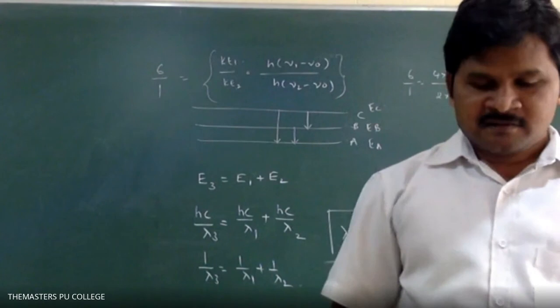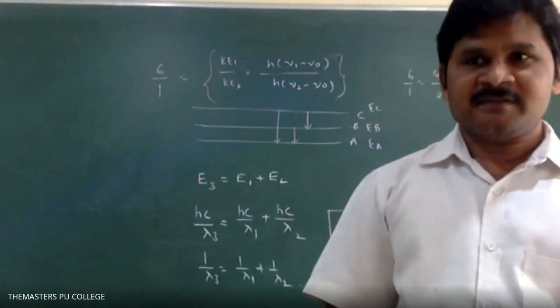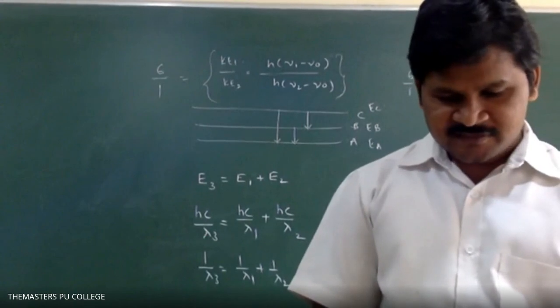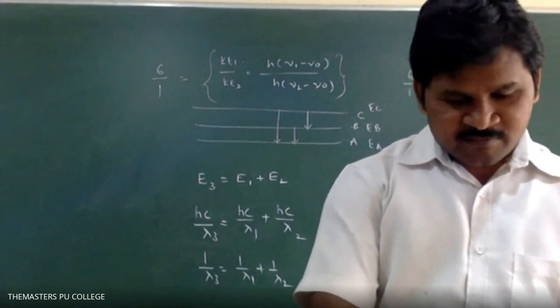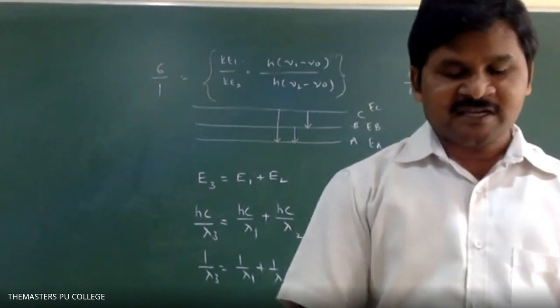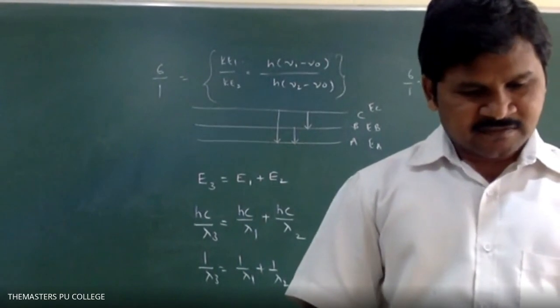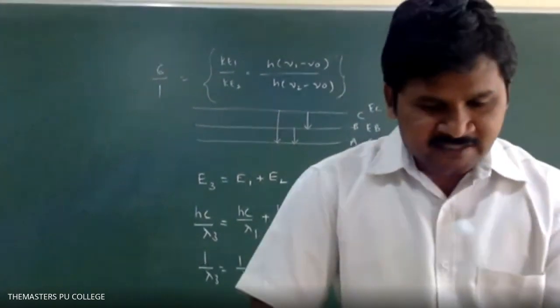So time 10 o'clock. Question number 30 completed. Remaining questions: you can do de Broglie's questions easily. Bohr's theory, if you know the formulas, you can do easily. Easy one, no difficulty.